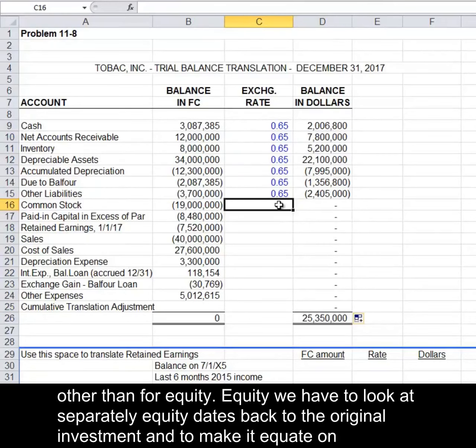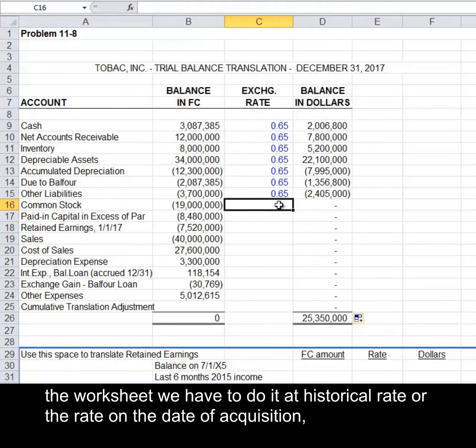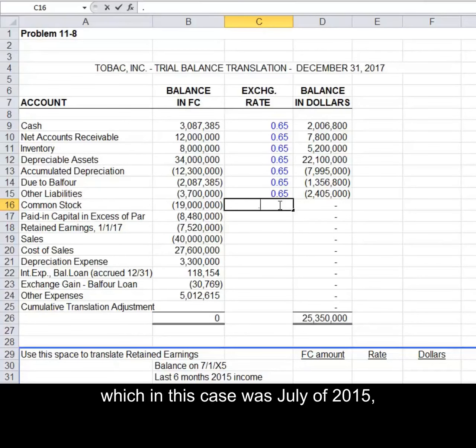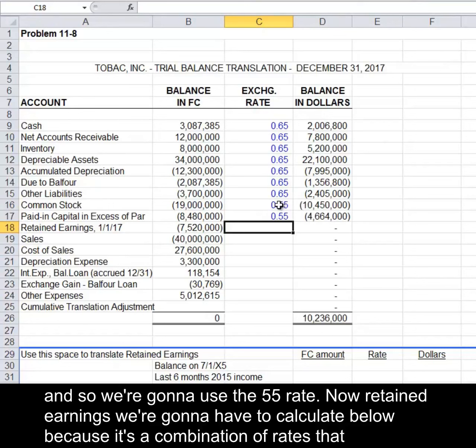Equity we have to look at separately. Equity dates back to the original investment, and to make it equate on the worksheet, we have to do it at its historical rate, or the rate on the date of acquisition, which in this case was July of 2015, and so we're going to use the 55 rate.